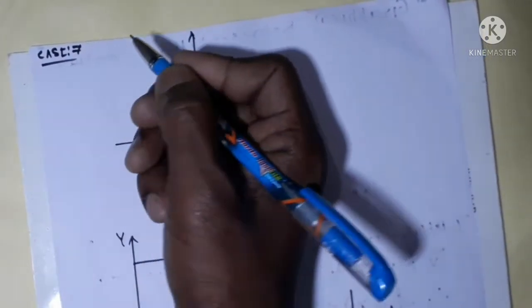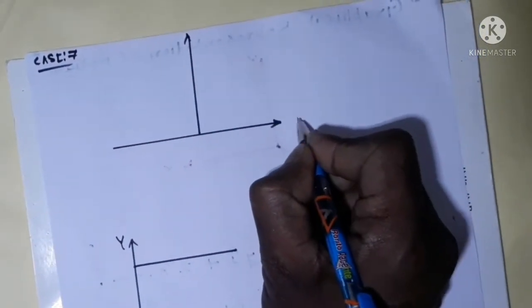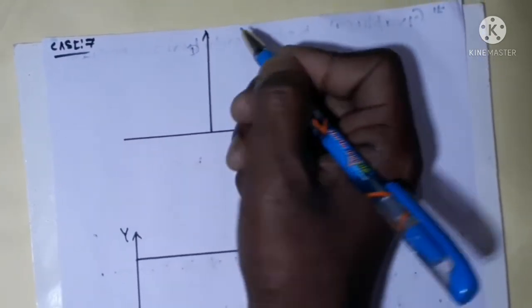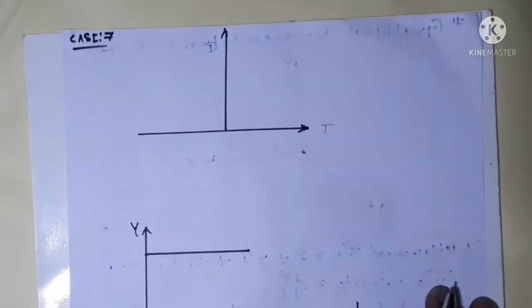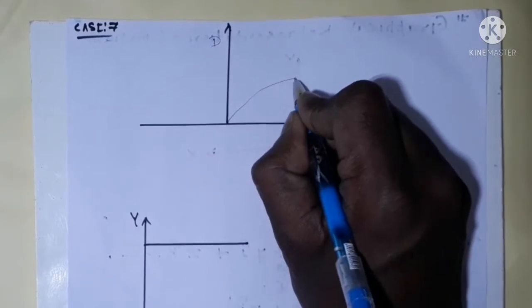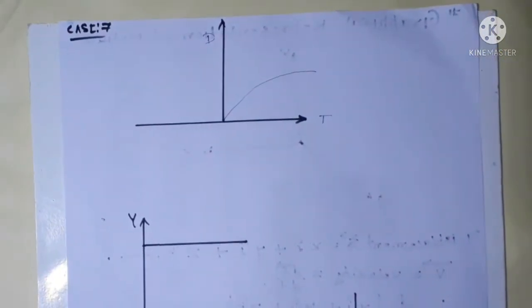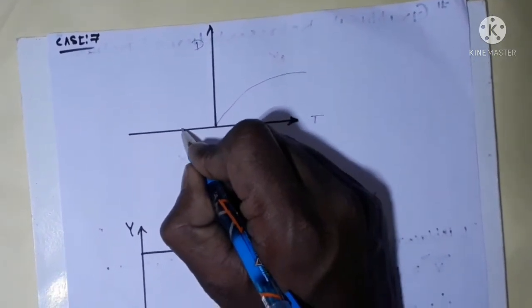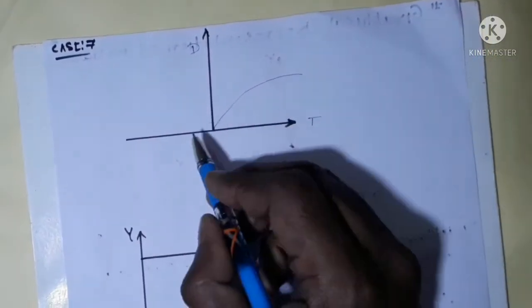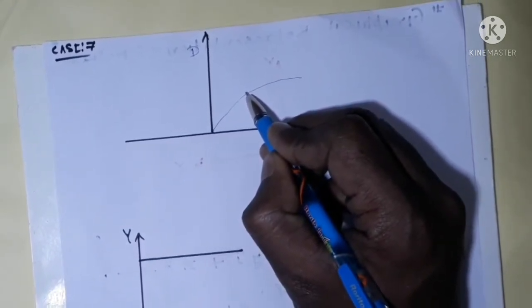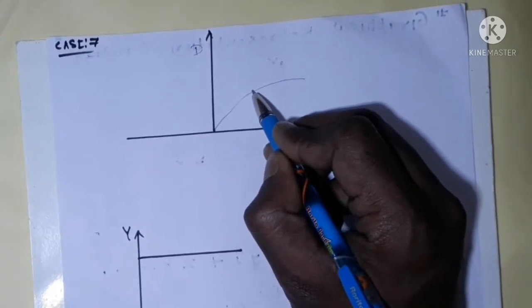Now case 7. The x-axis represents time and the y-axis represents distance, and the nature of the graph is like this. This is our curve. To find the angle, we draw a line which touches the utmost outer part of this curve.